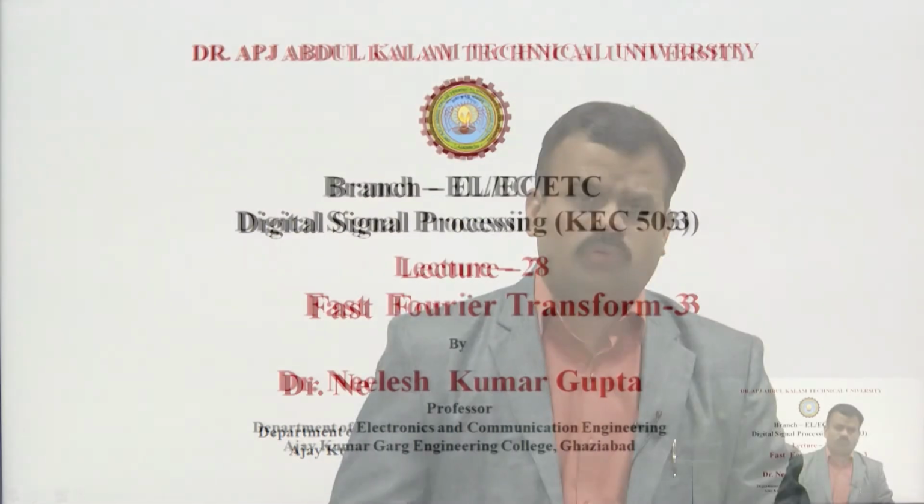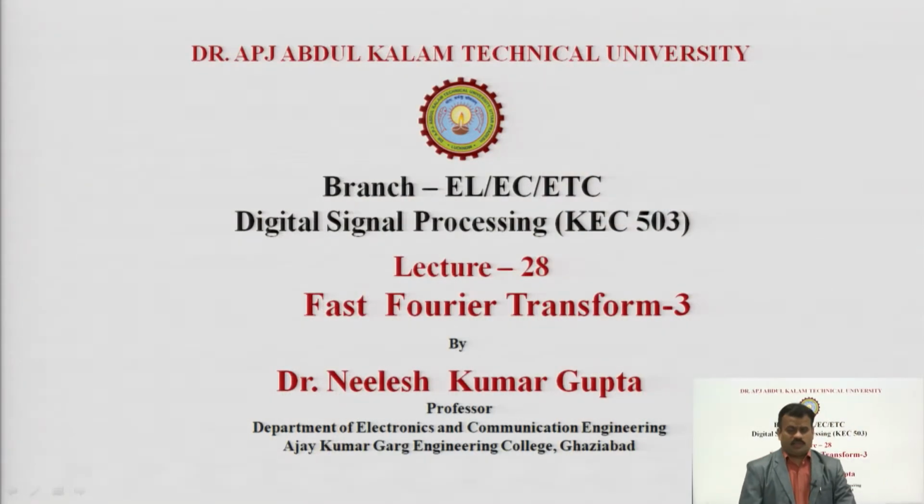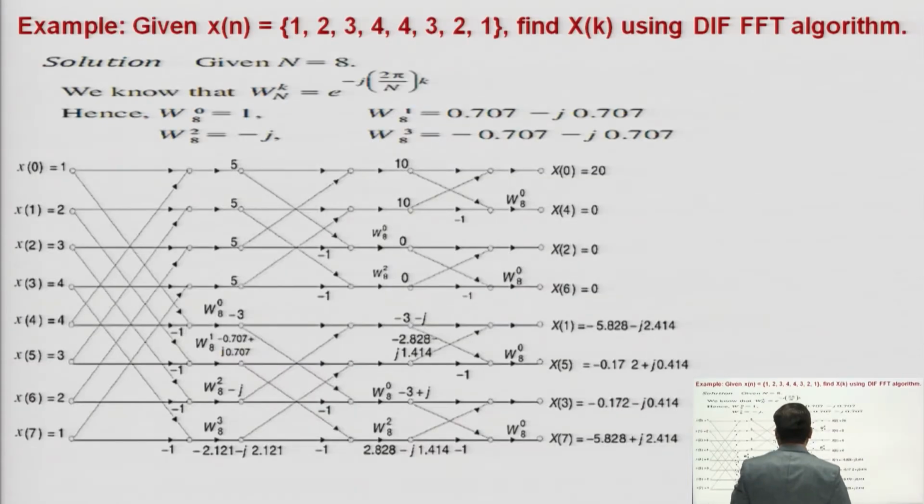You are calculating the discrete Fourier transform by the fast method. That is why it is called fast Fourier transform. Ultimately, it is the process of calculating the Fourier transform of a discrete time signal. So, let us see it now.